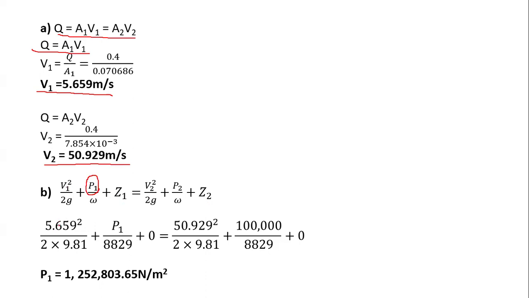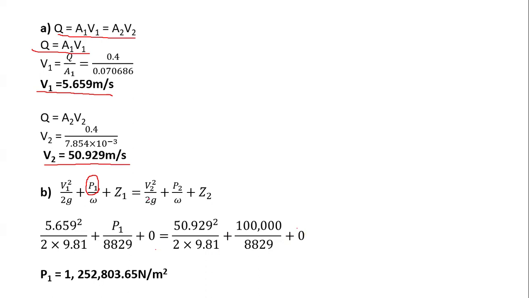V1 is 5.659 squared over 2 times 9.81 plus P1 over 8829, plus 0, equals 50.929 squared over 2 times 9.81 plus 100,000 over 8829, plus 0.